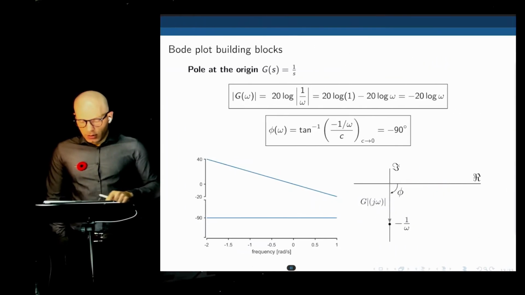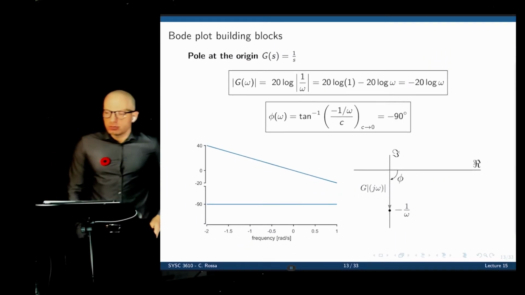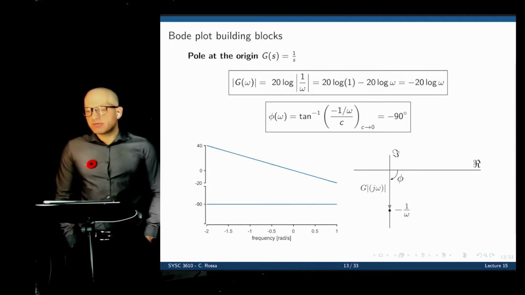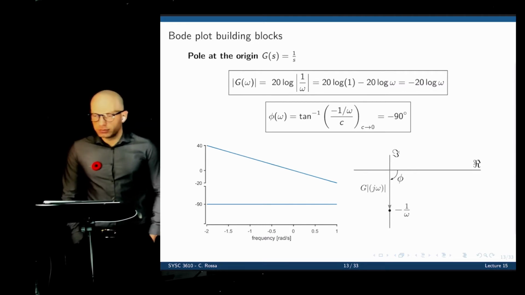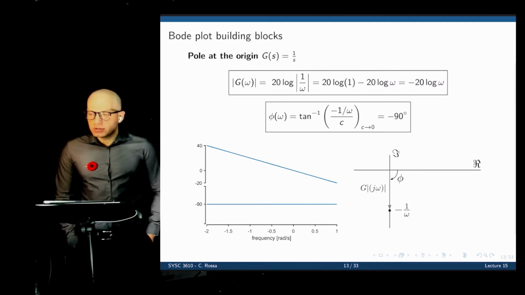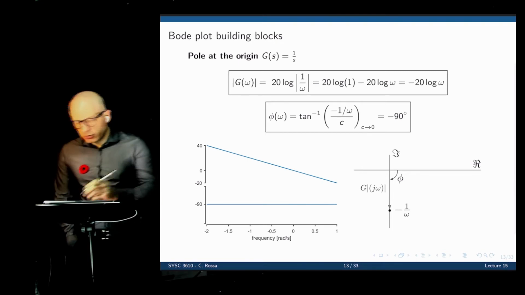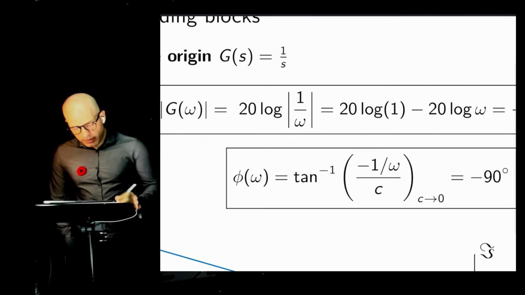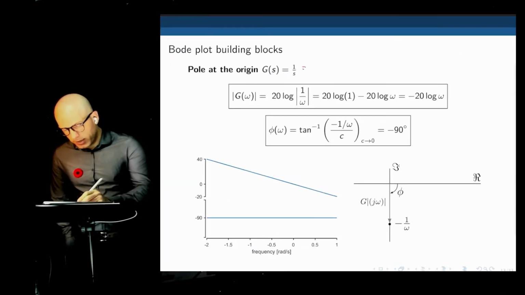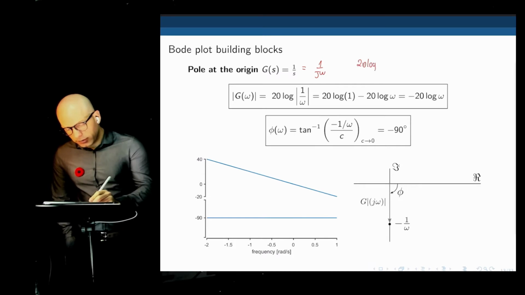Now let's look at the second building block. We have a pole located at the origin. In this case, G(s) is simply 1 over s. To find the magnitude, replace s with j omega. This becomes 1 over j omega, and I'll take 20 log of that.